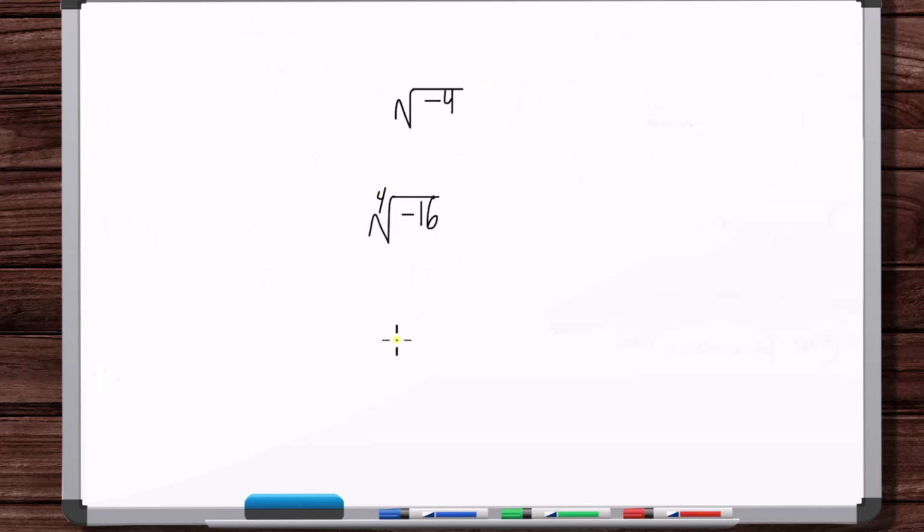We now have the ability to answer the question, what numbers, when you take them to the fourth power, give you minus 16? This is interesting and exciting because it was the reason why complex numbers were invented. And now we understand how to use complex numbers to answer questions like this.